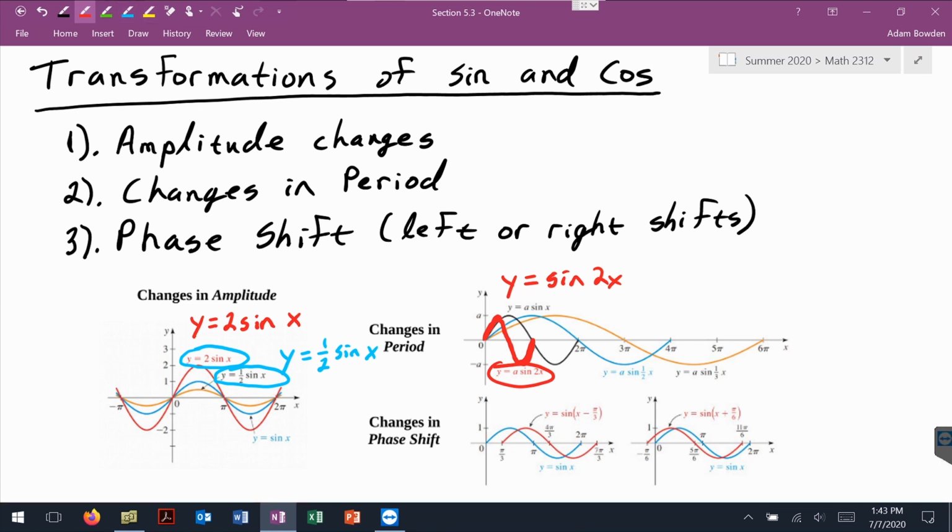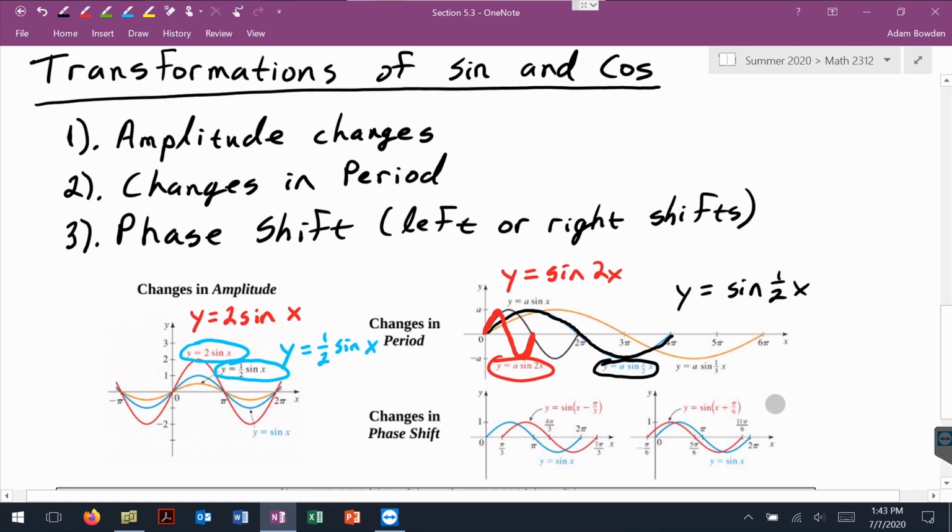On the other hand, if we were to put a function like y equals sine of 1/2 x, it actually causes it to get stretched. The period will actually get larger as a result. So depending on those numbers, we can have different kinds of stretch or shrink, causing the period to get bigger or to get smaller. And we'll look at some of those examples.